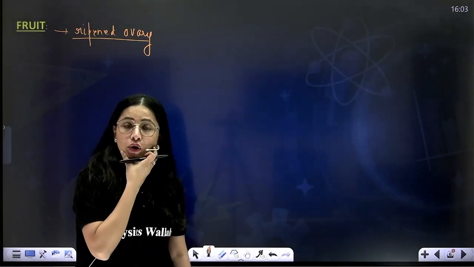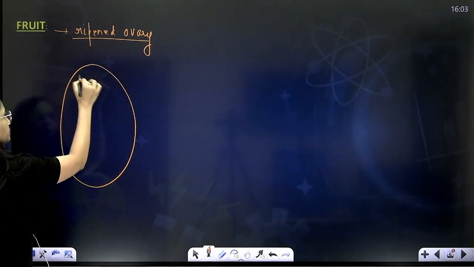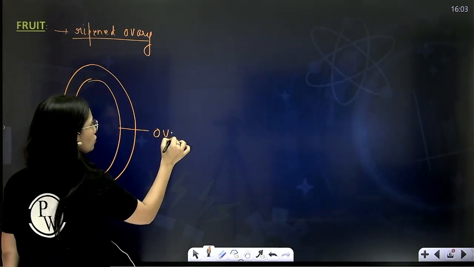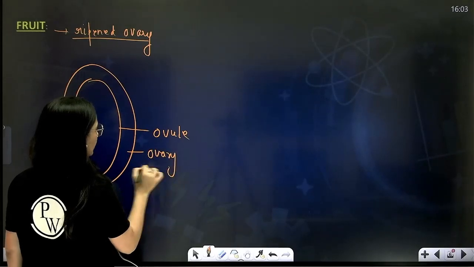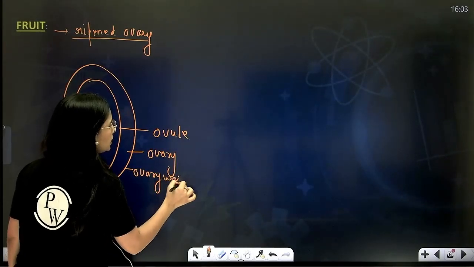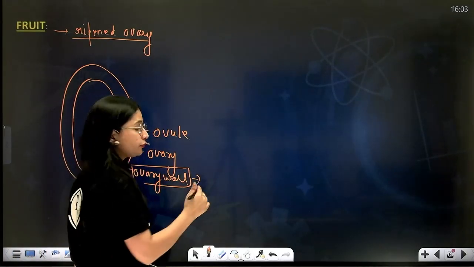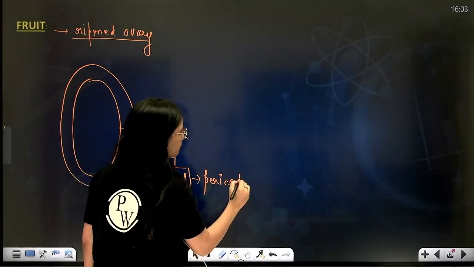Now around the ovary there is the ovary wall like this. So this is, suppose, your ovule. This is the ovary. And this is the ovary wall. Now this ovary wall is going to transform into the wall of the fruit, which is called pericarp.